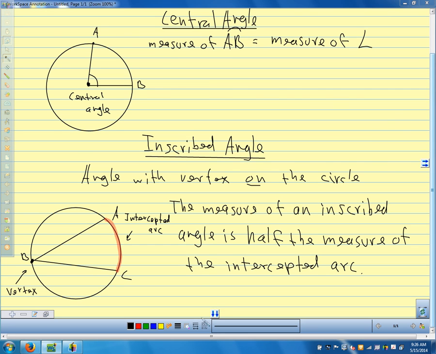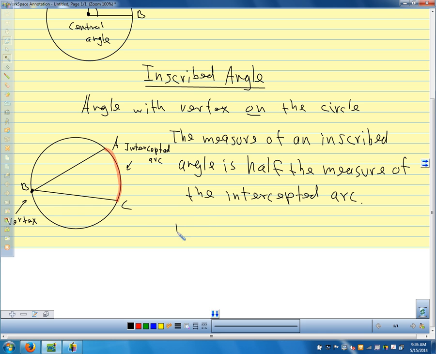And if we write this in symbols, we can say that the measure of angle ABC equals half the measure of arc AC. Or we could turn it around and say the measure of arc AC equals 2 times the measure of angle ABC. And the way I draw it on my pictures is to go from the arc to the angle, we divide by 2.